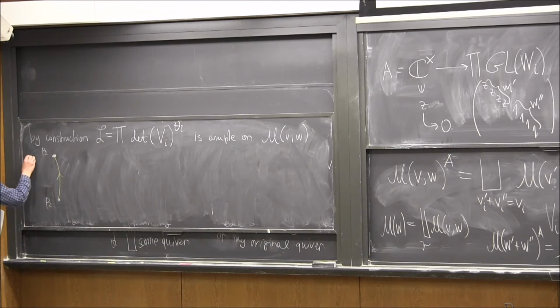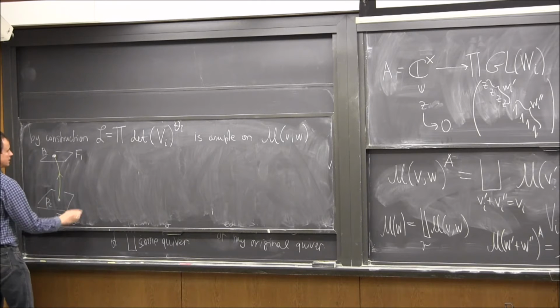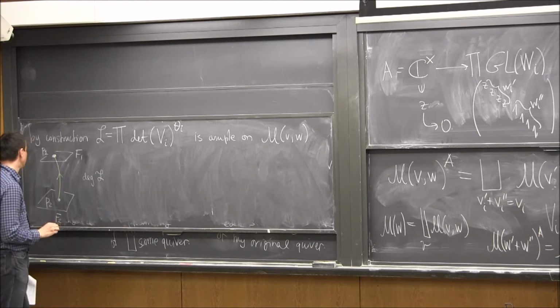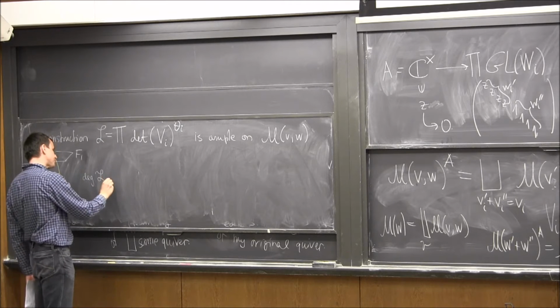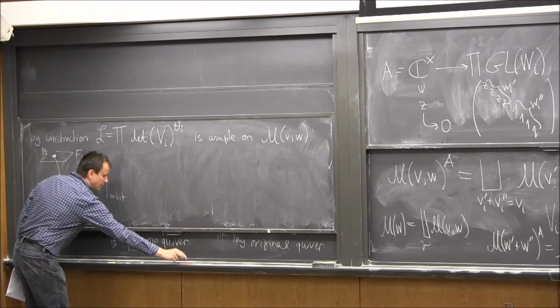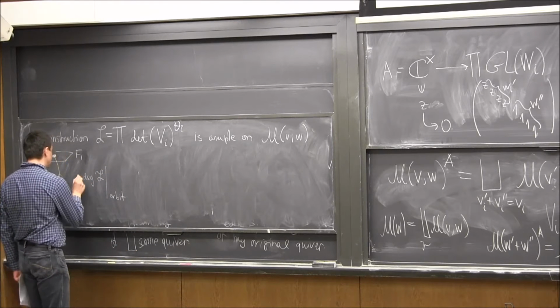These are fixed points. This fixed point sits in F1, and this is in F2. So what's the degree of my line bundle restricted to this orbit? It's a positive number since it's an ample bundle.